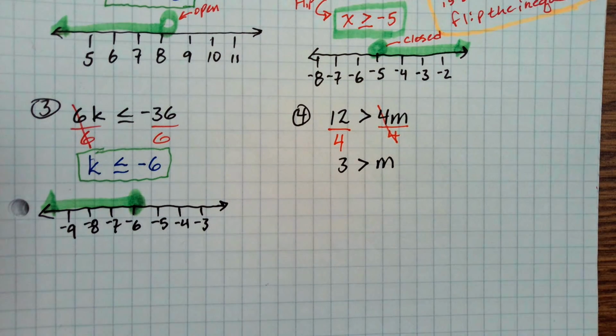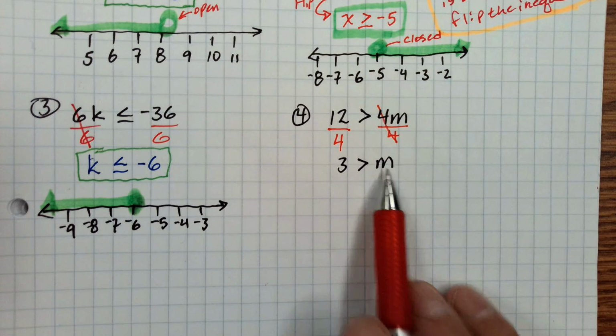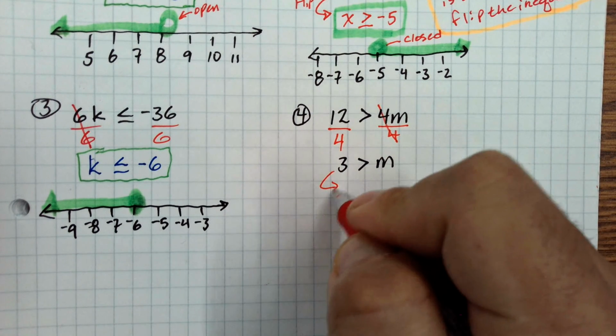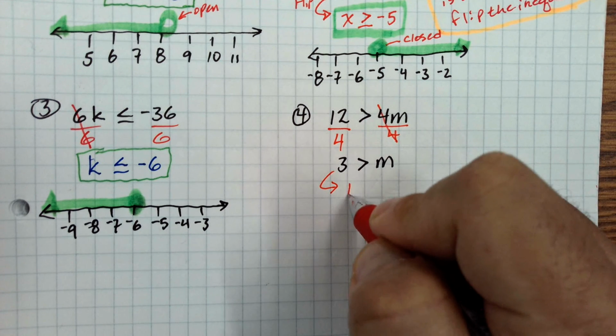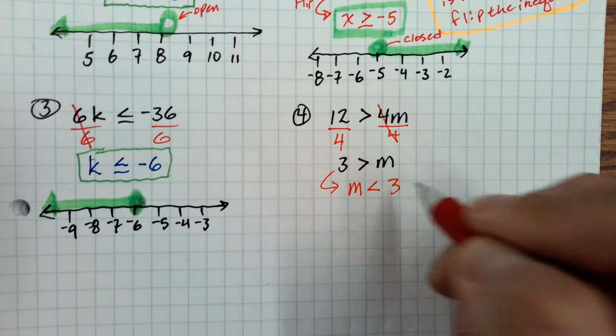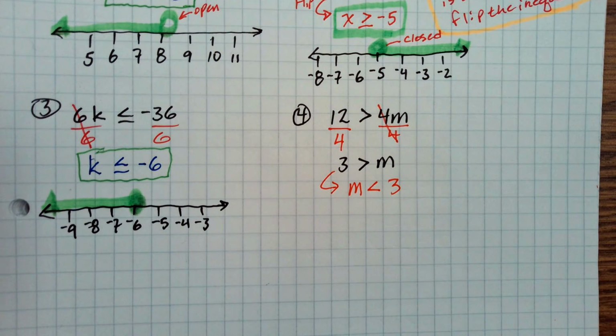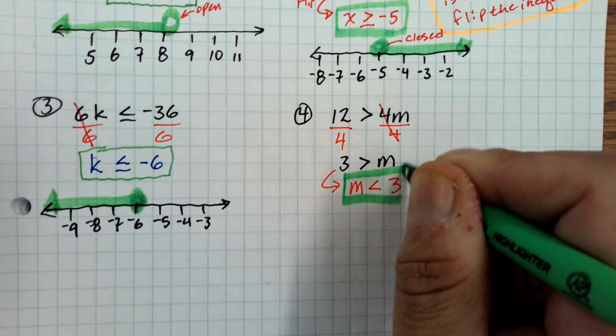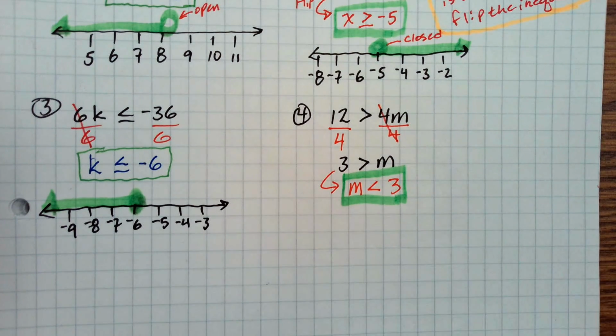Do I have to flip this one? The variable's on the right side. So rather than have 3 greater than m, I'm going to write m is less than 3. Just flip the whole thing around. So this is the one I'm going to use to graph. Both answers are correct, but this one's visually easier to understand for my graph.